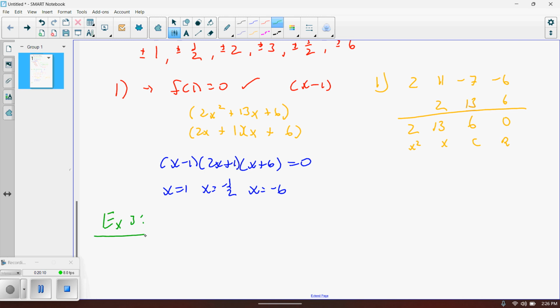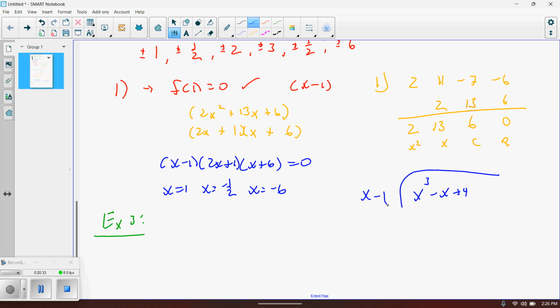One thing I do want to touch on before I get to the example, this is not actually going to be part of our example. Let's say that you needed to find the zeros, and this probably isn't going to work out. I'm just making this up off the top of my head. x cubed minus x plus 4, and we wanted to divide that by x minus 1.